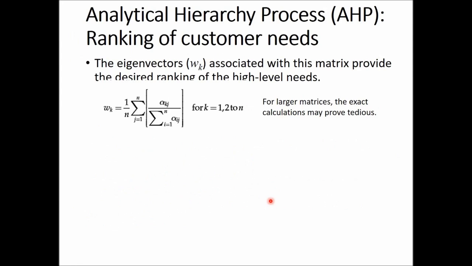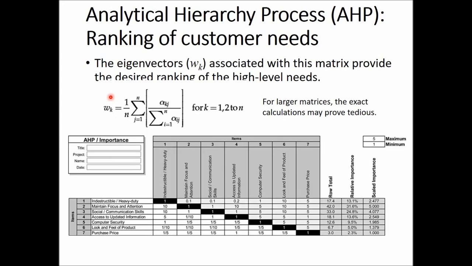Now after that, eigenvectors associated with the matrix need to be worked out, and one formula is given here. Once you have worked out all the alphas, you can calculate this wk. That is basically the ranking that we are talking about.